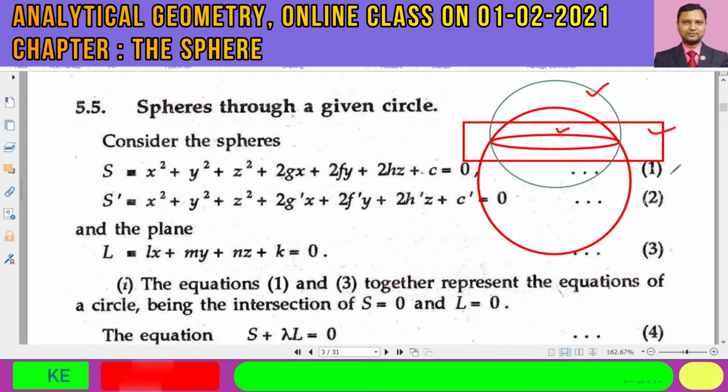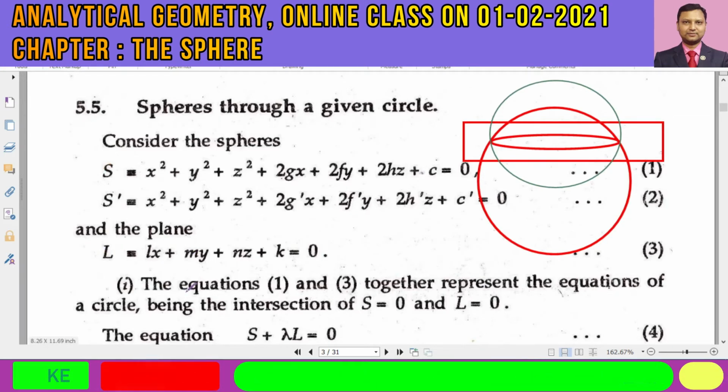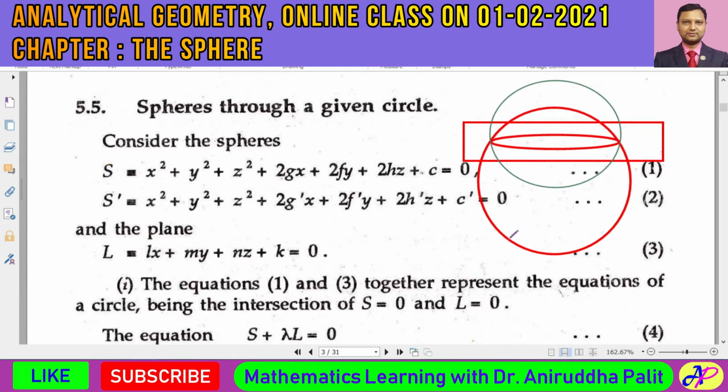So a circle can be considered as the intersection of a sphere S equal to 0 and a plane L equal to 0. Suppose we are interested to compute a sphere passing through this circle, then what would we do?